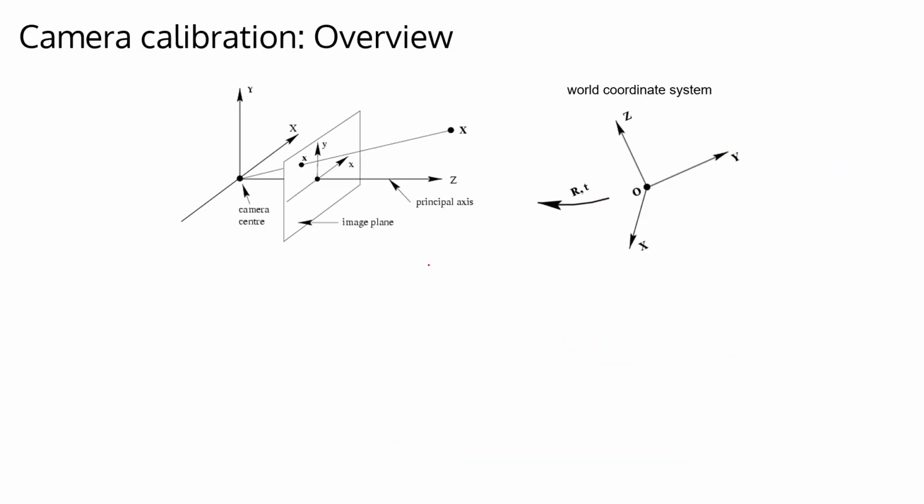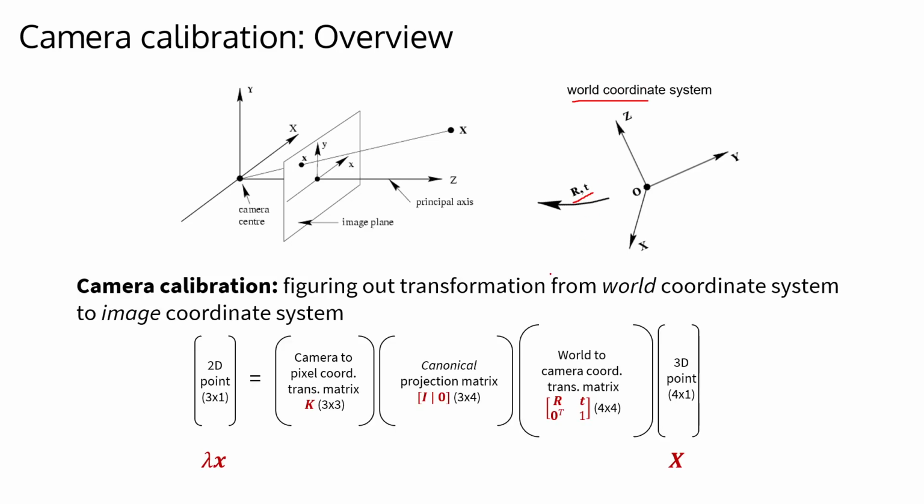Okay, so now let's consider the relationship between the camera's coordinate system and the world coordinate system. Assume that there's a rotation R and translation t. So camera calibration is figuring out the transformation of the world coordinate system to the image coordinate system. This 3D point is a 4 by 1 matrix, and the world to camera coordinate transformation matrix would be R, t, 0 and 1.